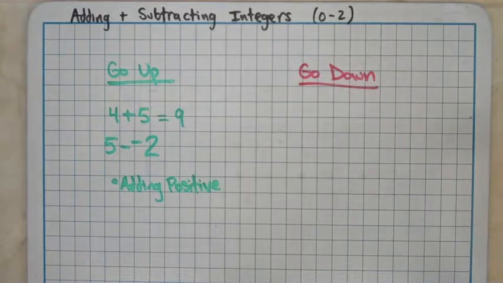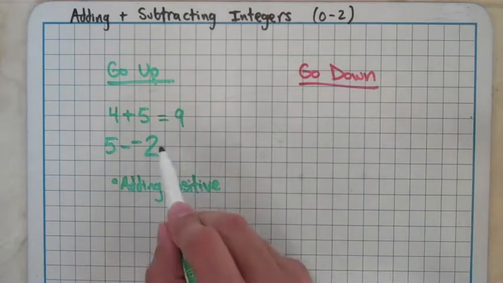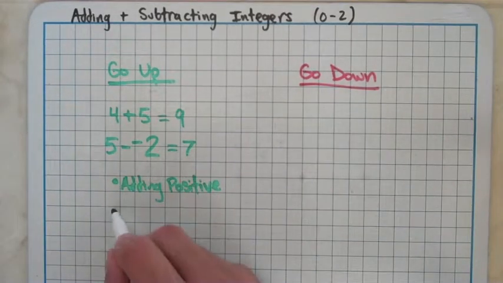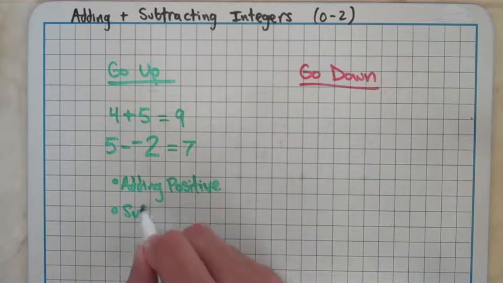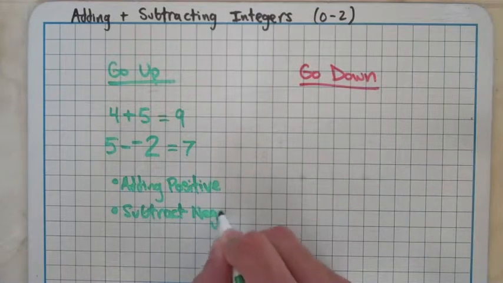It's helpful because you're going up in terms of how much money you're worth. So when you take away a negative, you're taking away a bad thing and your answer goes up. The answer to this problem is 7. So if you add a positive or if you subtract a negative, your answer will go up.